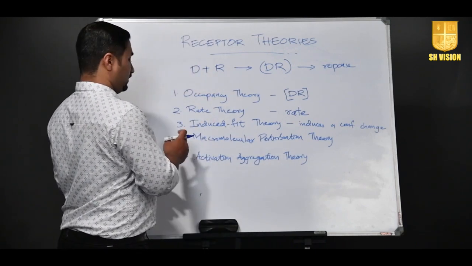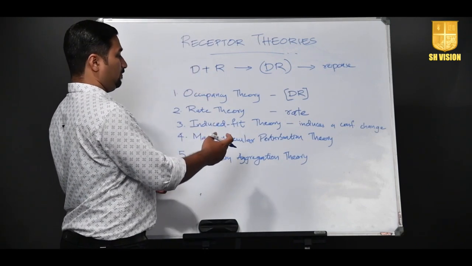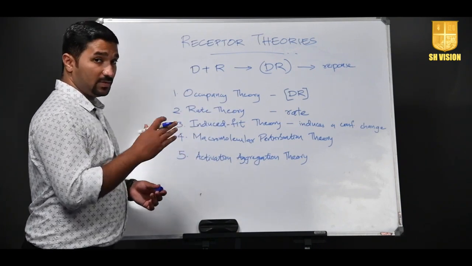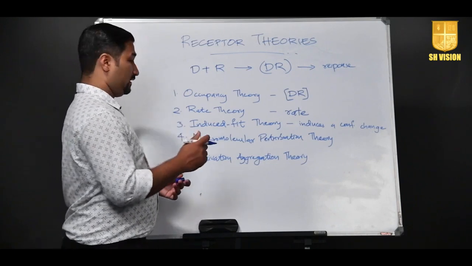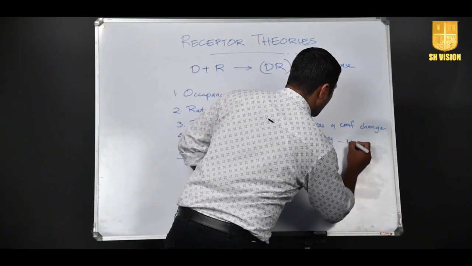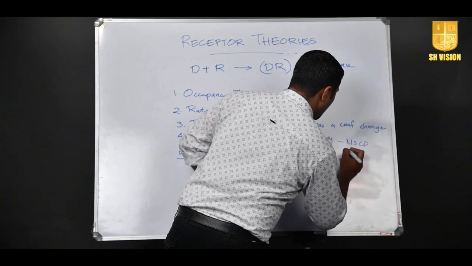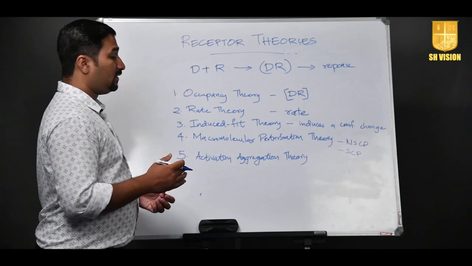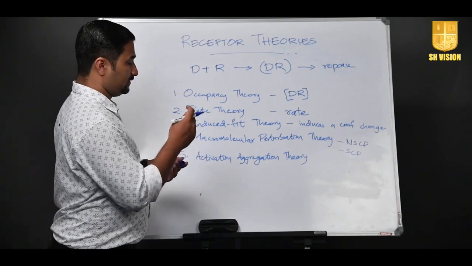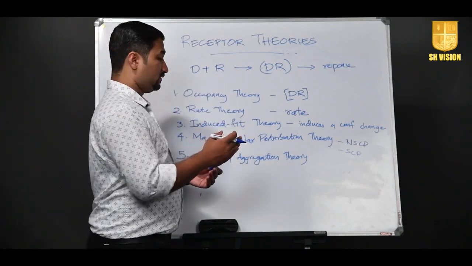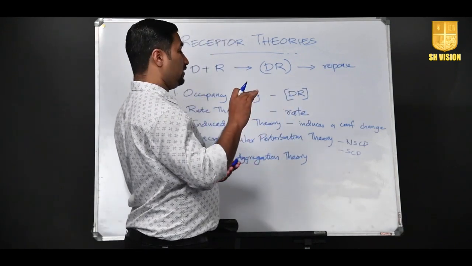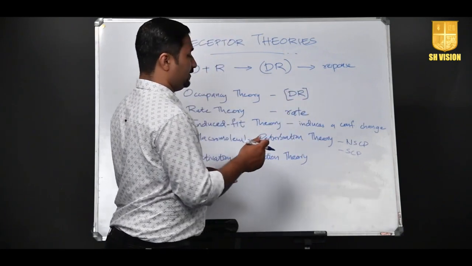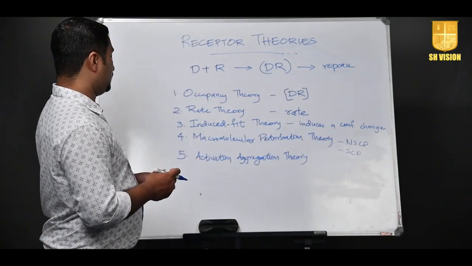In the fourth theory, the macromolecular perturbation theory, which was similar to the induced fit theory, there were two kinds of perturbations, NSCP and SCP, where NSCP will give you no response, that is, the perturbations of an antagonist will be NSCP and you will get no response. For an agonist, SCP will happen and you will get the biological response.